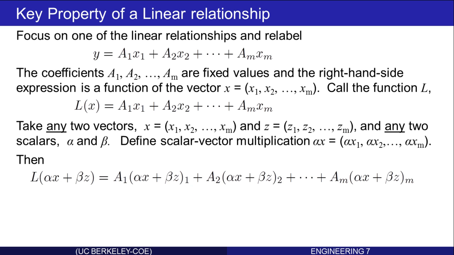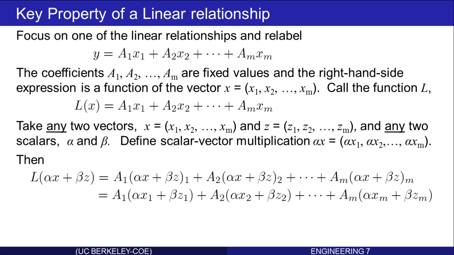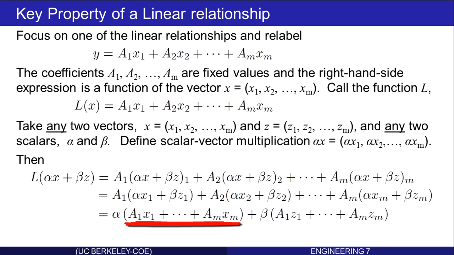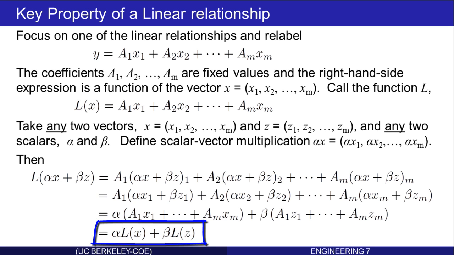So make those substitutions. In each case, the component of the sum of the scaled vectors becomes the sum of the scaled components. Now group the alpha terms together and the beta terms together, and then notice that this is just L acting on x, and this is L acting on z, giving alpha L of x plus beta L of z.